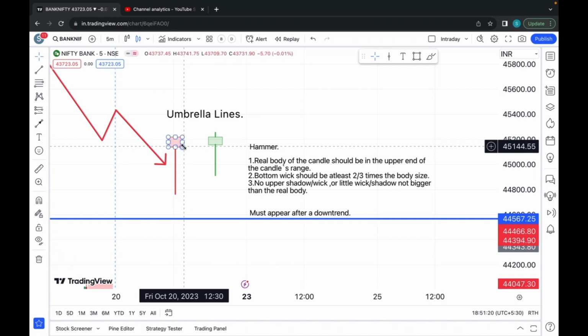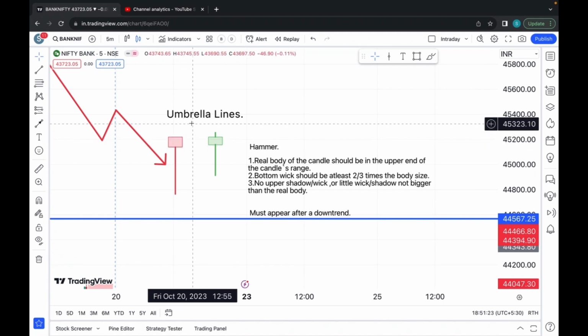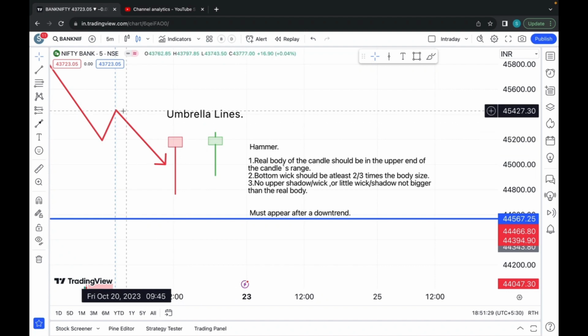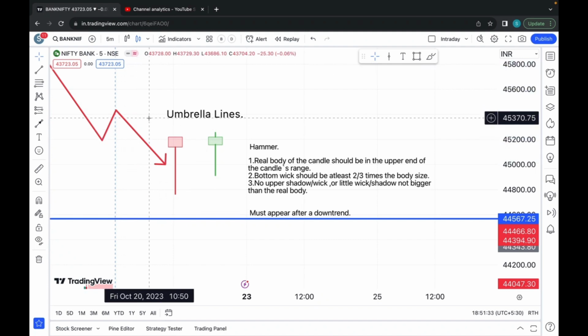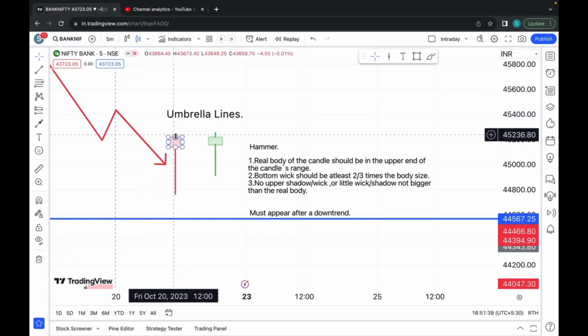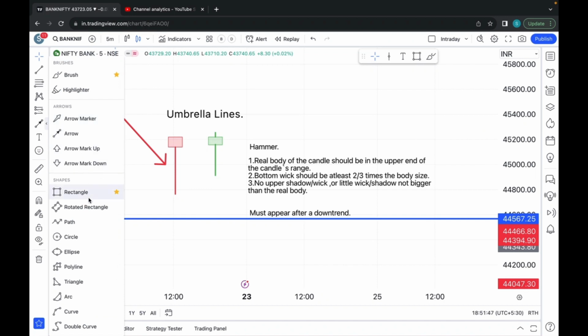Because it is coming after a downtrend, this candle is an indication that the trend is going to change. Remember, the trend is going to change, which means the trend can also go sideways. Not necessarily that it has to go upside.